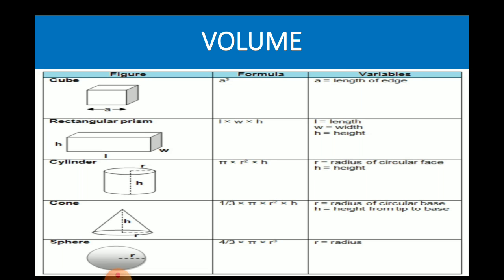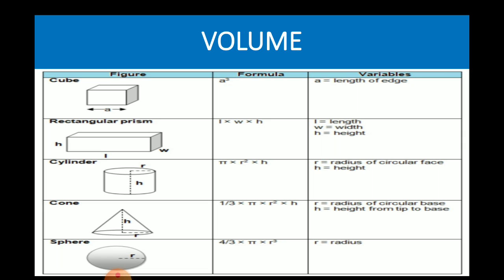So we have here a table which shows the volume of different 3D shapes. For a cube, the formula is a cubed, where a is the length of the edge. For a rectangular prism, just like in the example a while back, that is length times width times height.